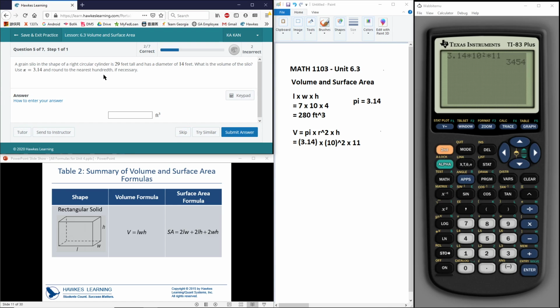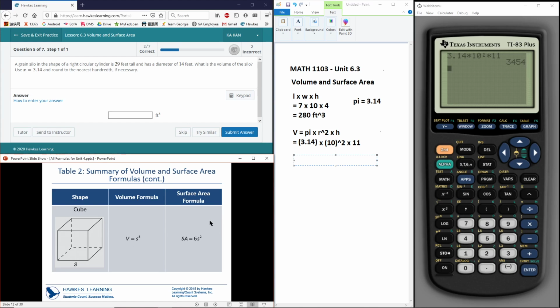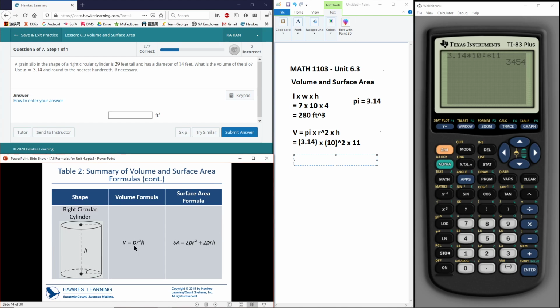This one says right. When they don't give you the shape, you've got to read the words. It says the shape of a right circular cylinder, which is the same thing as this guy right here. So just use that. The answer would be 3.14, pi, times the radius.